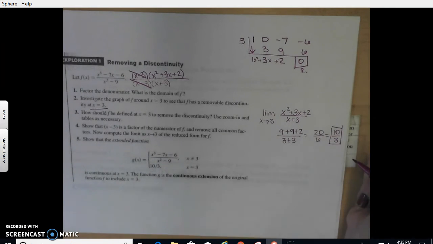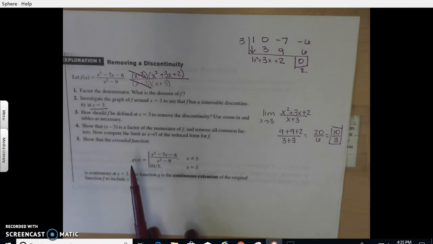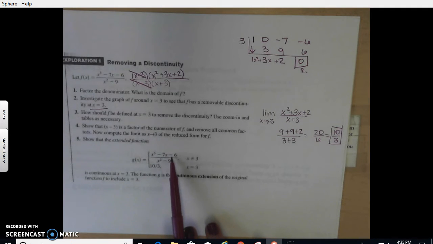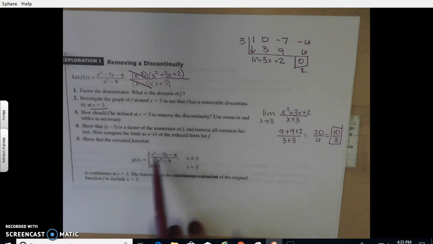So since it's equal, we could say that the extended function would be g of x, where x cubed minus 7x minus 6 over x squared minus 9, if x does not equal 3, because this is still with that common factor. So that was our original function.